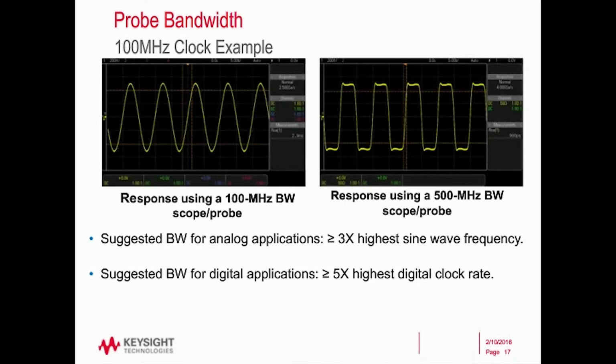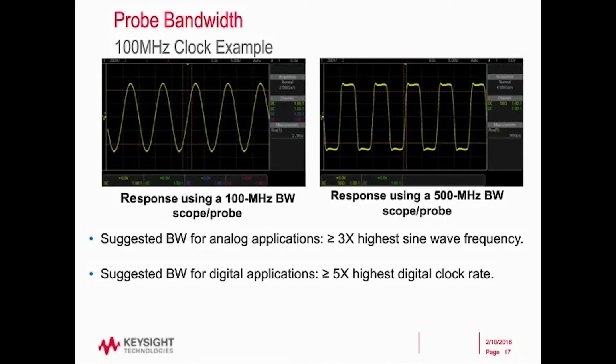Now, if I have enough bandwidth, we move to the screenshot on the right, where I'm using a probe and scope combo that has 500 megahertz of bandwidth. What I'm seeing is nice, crisp, square edges, faster rise times. So this illustrates what we talked about with the Fourier series.